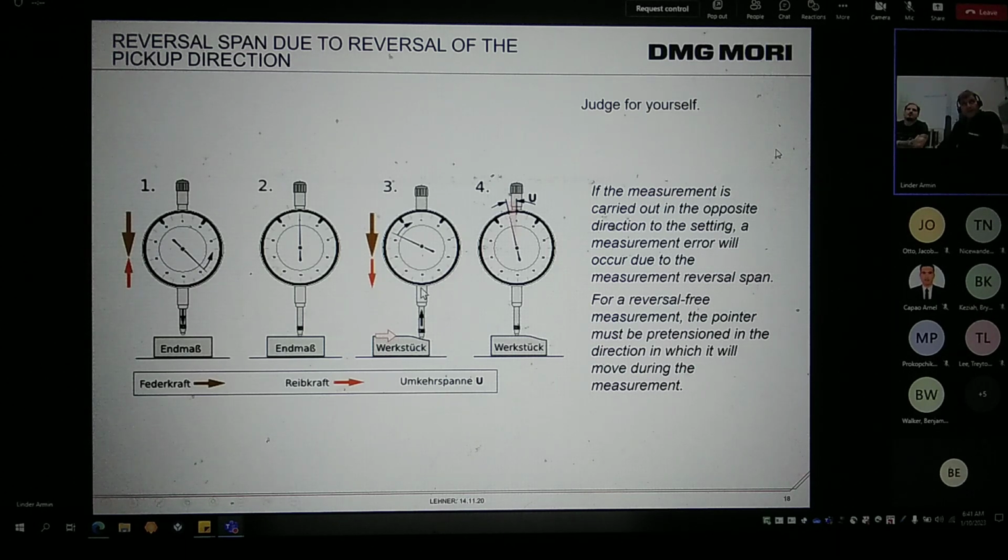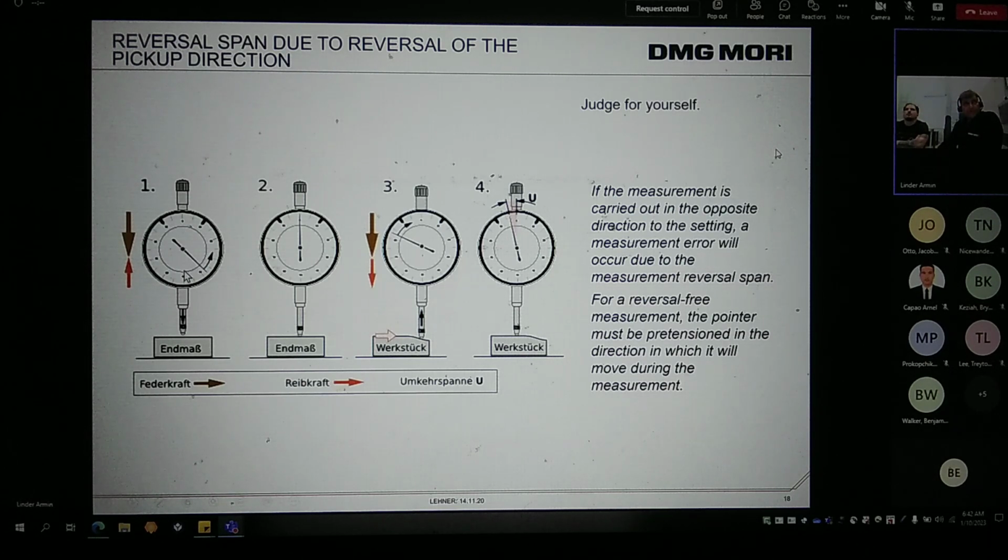So that means in that way we have a friction force. It has always an influence of the backlash in the, I say, axial gap or something, that the dial gauge has. And to carry that out, you have to be careful about speed.